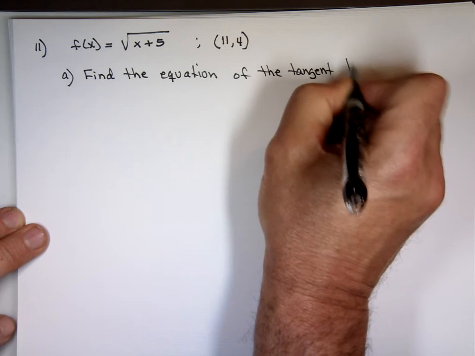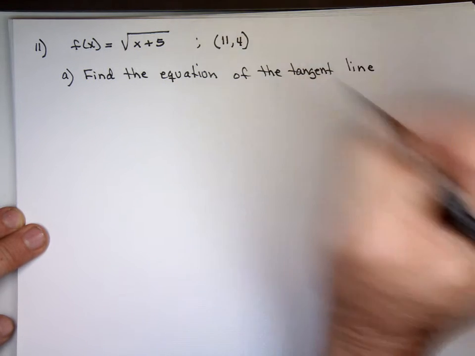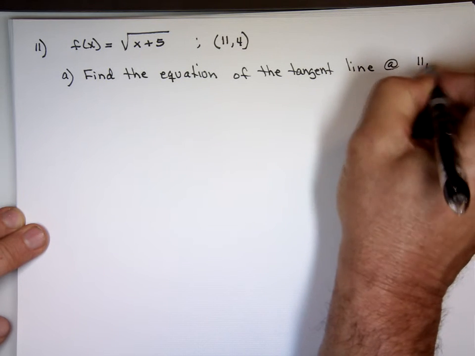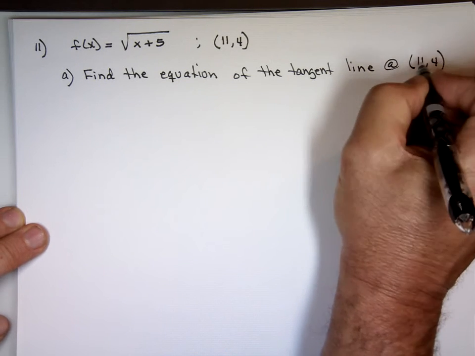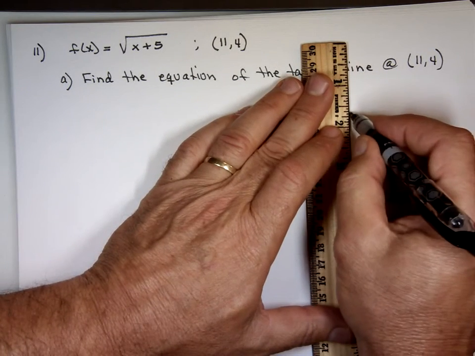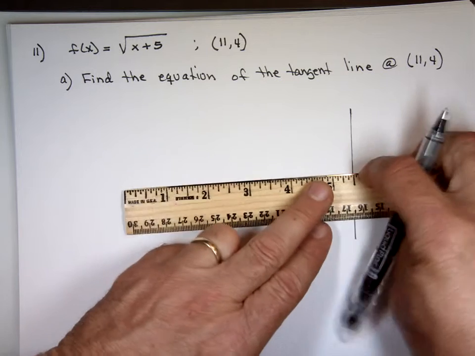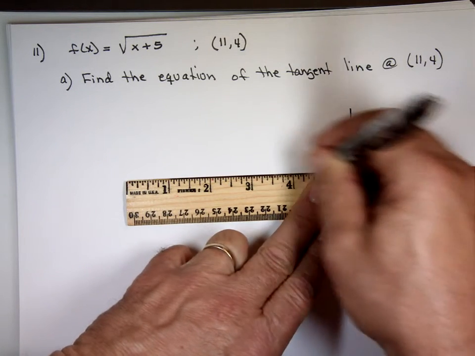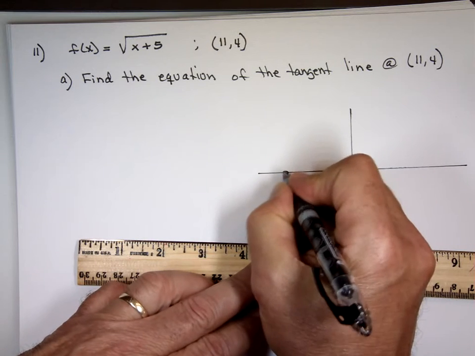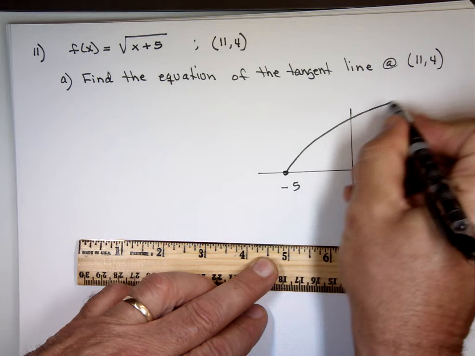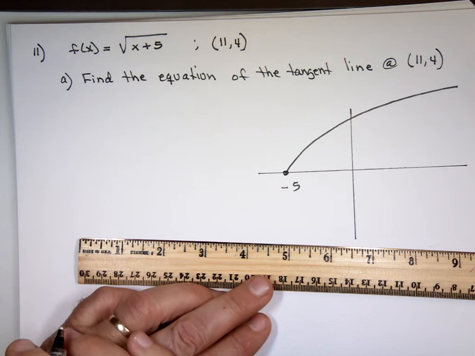At that point, at 11 comma 4, basically, I know what we have. We have a square root. And this square root, if you graph it, the domain starts at negative 5. So there's the negative 5. And it looks like this, basically.